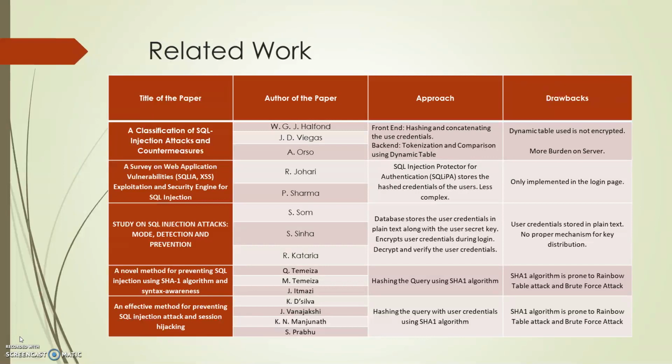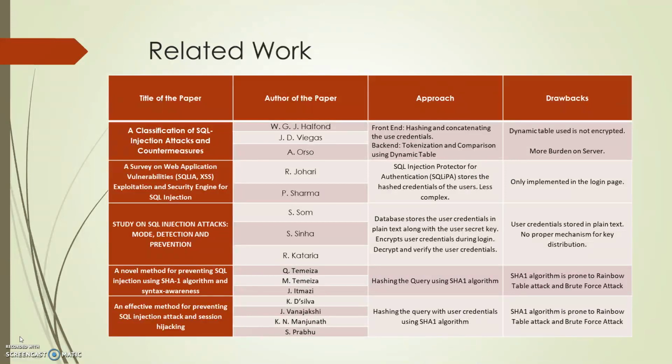During this time I went through various papers. The first paper was a classification of SQL injection attacks and countermeasures. Here, the system was designed in two parts, front end and back end. In the front end, the user credentials were hashed and concatenated together. In the back end, the SQL query was tokenized, put into a dynamic table and sent to the server side.